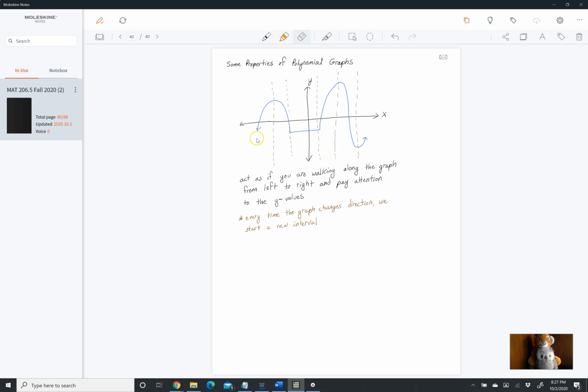And what you're going to do is say, are the y values increasing? Are the y values decreasing? Or are they constant?